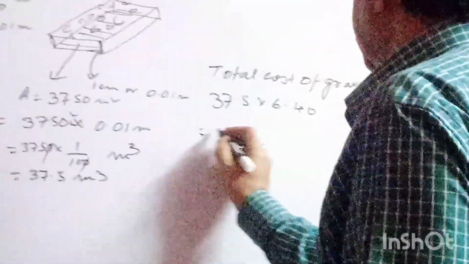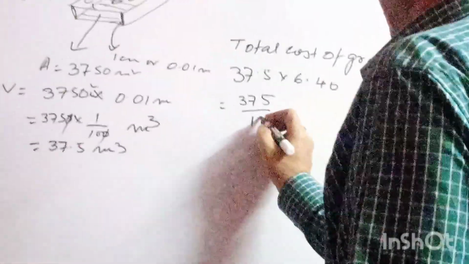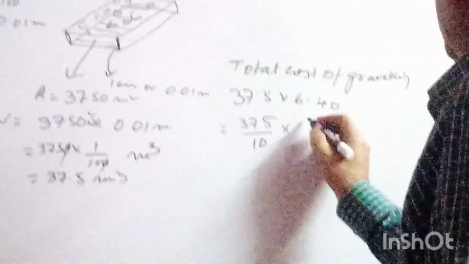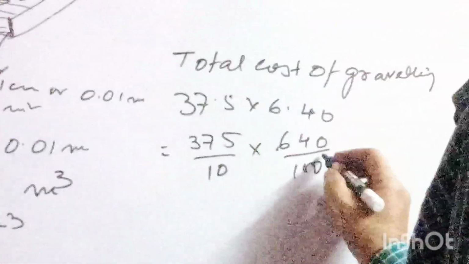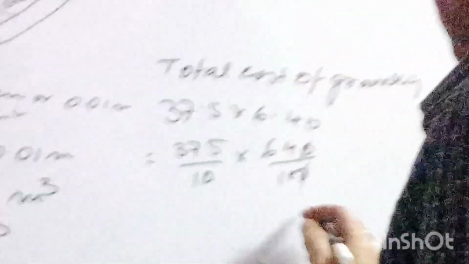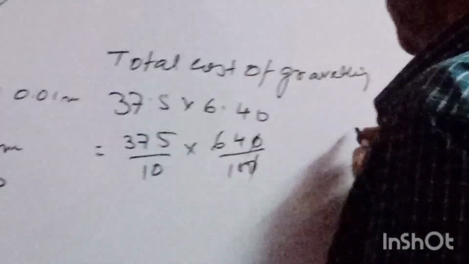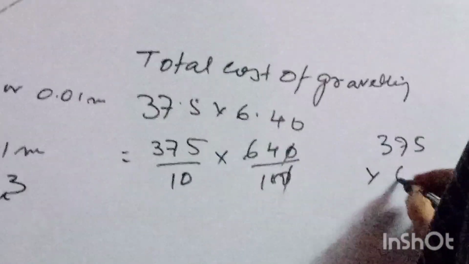That is 37.5 by 1, and I am converting 6.40 into a fraction, 640 by 100. Now this is cancelled, so you have to multiply 375 into 64.